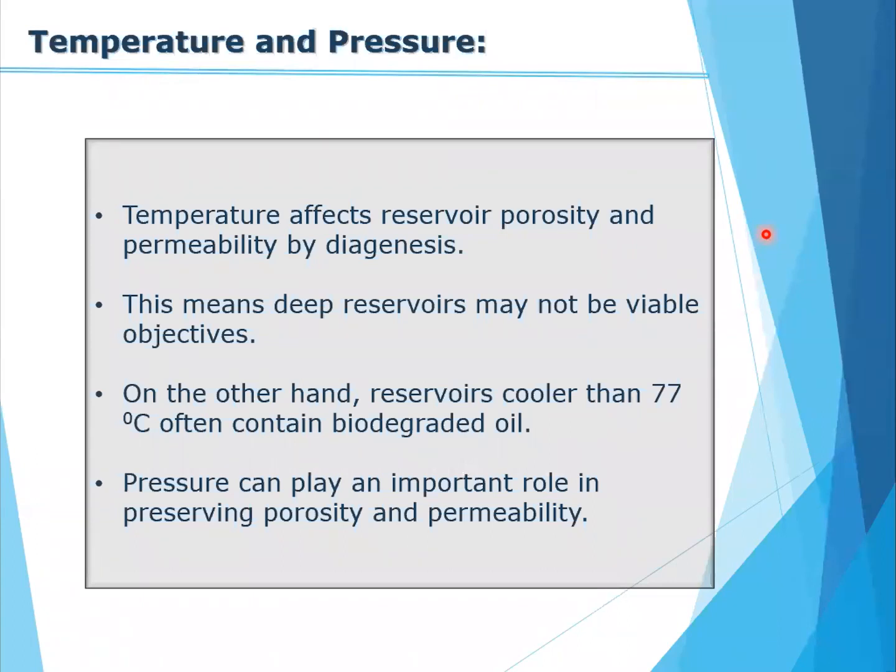For quartz, for instance, it is about 100 centigrade. And on the other hand, when we have reservoirs cooler than 77 centigrade, often also quoted 80 or 82, we have not so much problem with the reservoirs, but we get problems with the oil, because the oil is going to be very often biodegraded. So we have a window between 77 and maybe 120 centigrade, when we can actually think about good oil-bearing reservoirs.